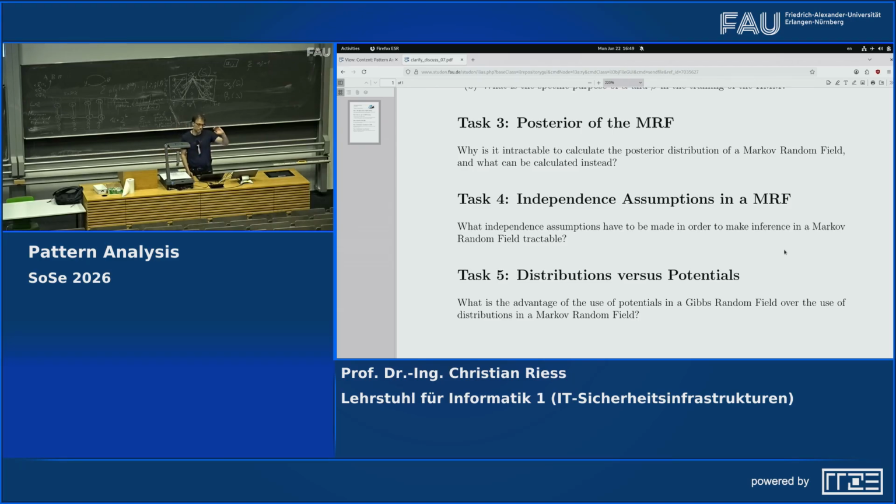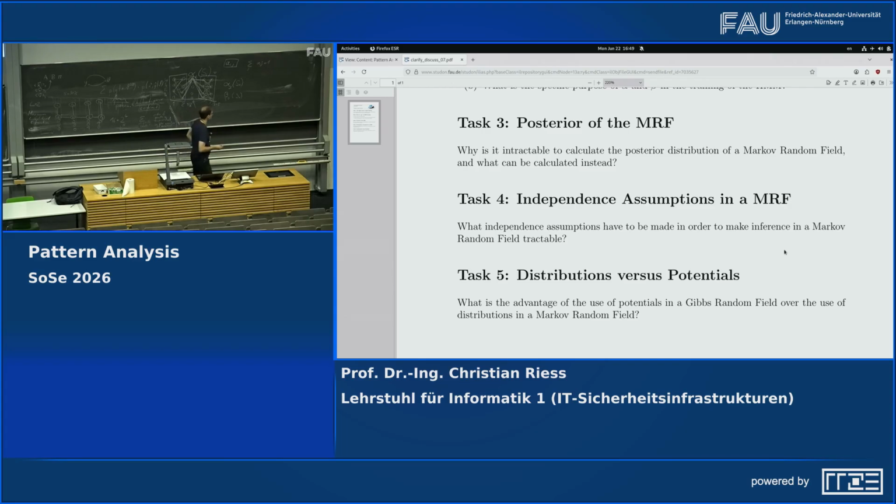We require that one observation depends only on a single hidden variable. And the second aspect is that a hidden variable only depends on a neighborhood of hidden variables. It's an undirected graphical model.